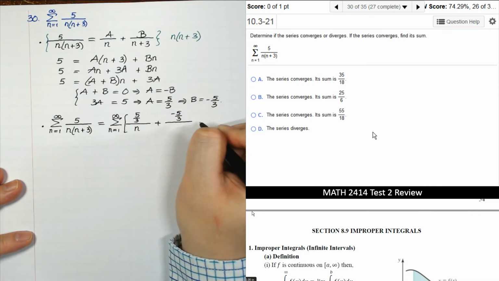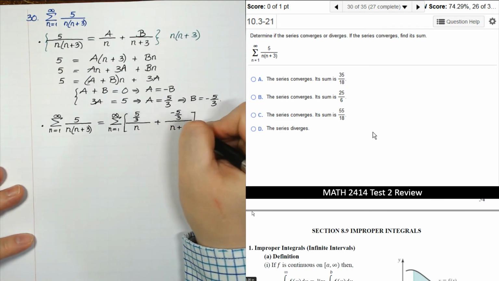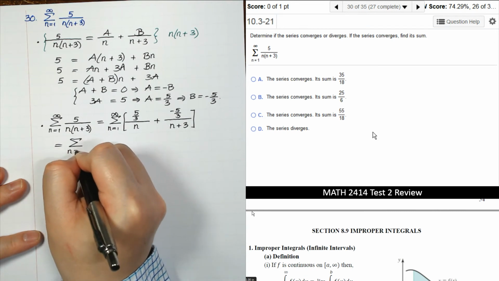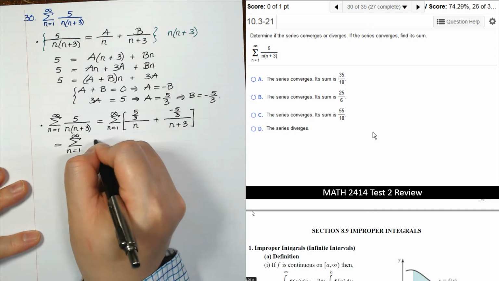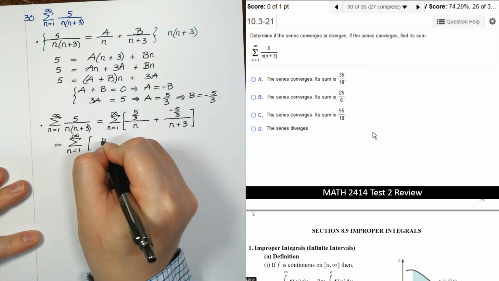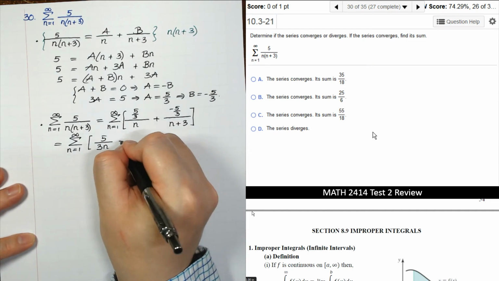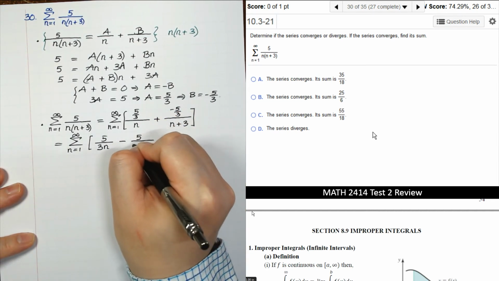Negative 5/3 for b. I'm going to take the 3 down to the bottom. Take the minus here and the 3 down to the bottom.